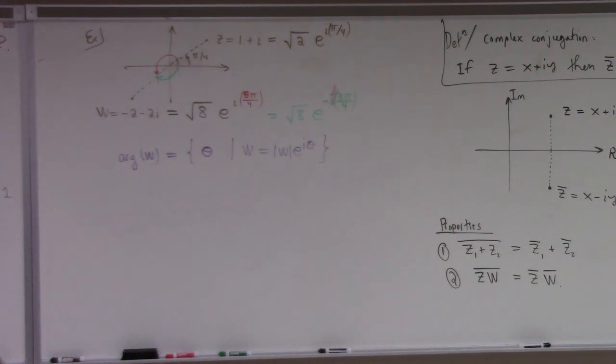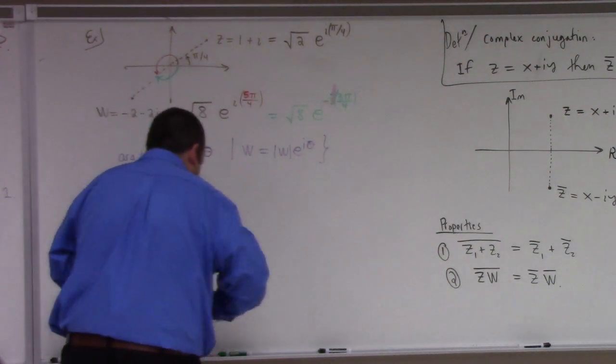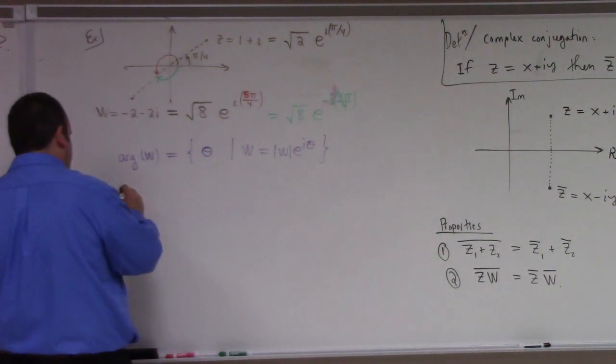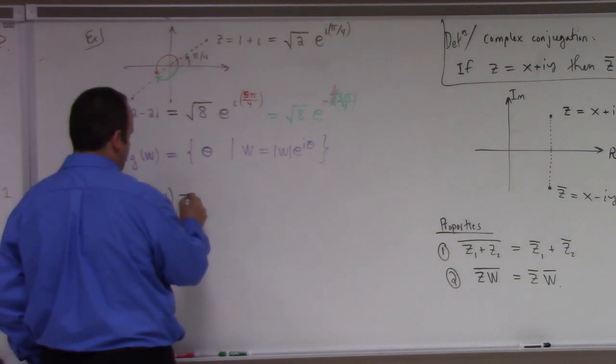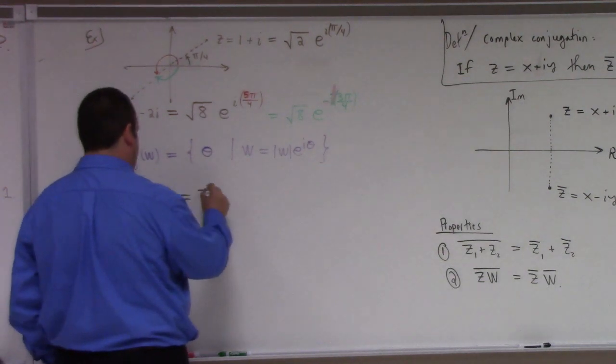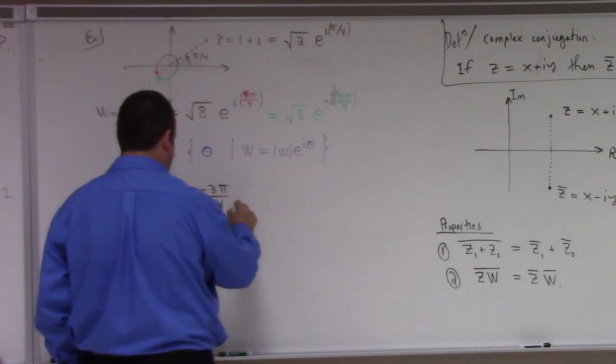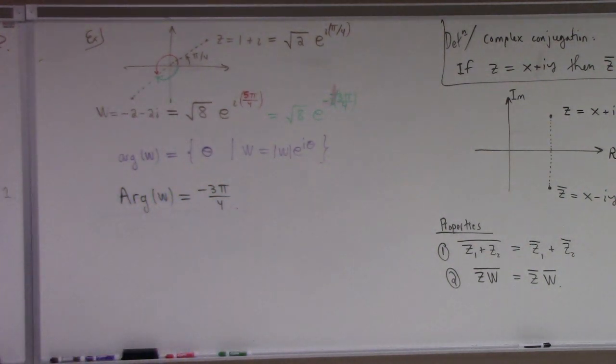What if you want to make a specific choice? Well, arg, as in little arg of w, is equal to minus 3 pi over 4, right? So definition.